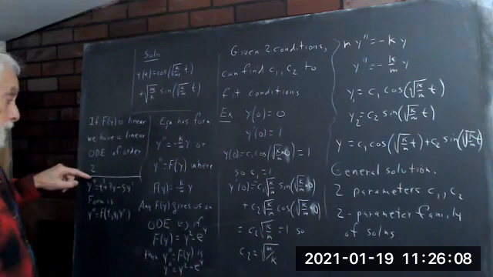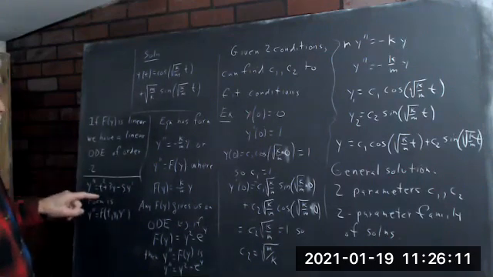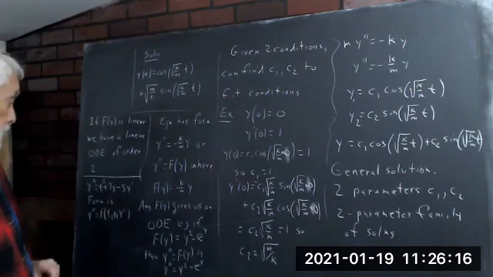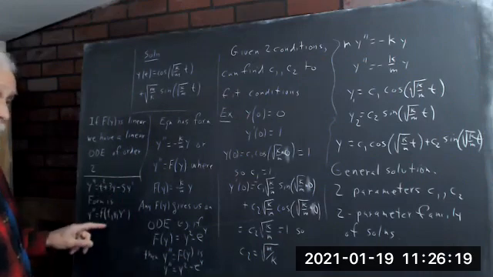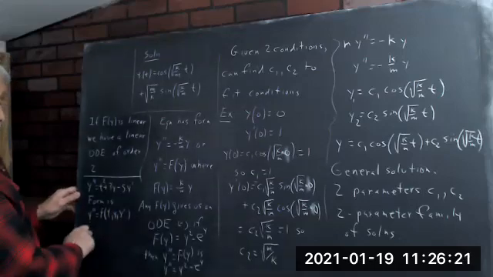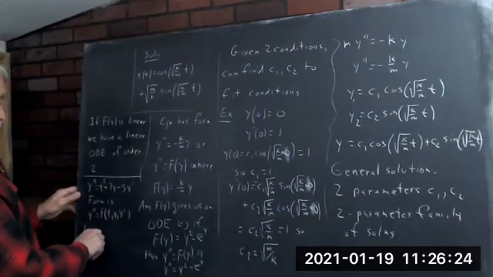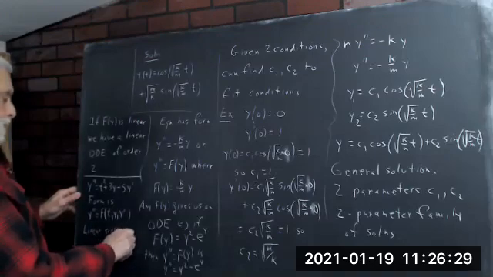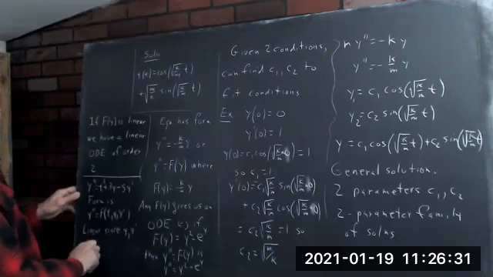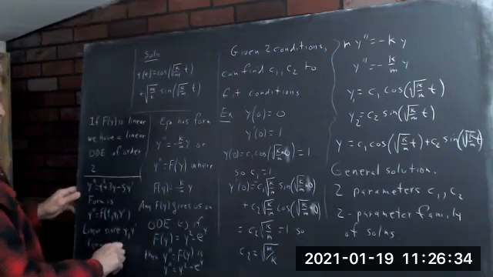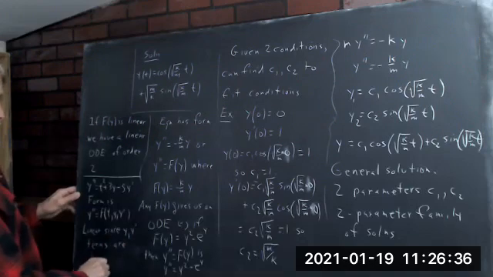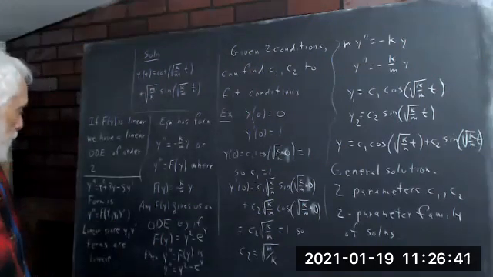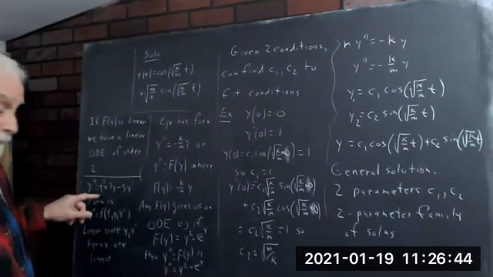Your highest order term is equal to this function. This is a function of t, y, and y prime. This equation is linear, since the y and y prime terms are linear. It doesn't matter that t is not linear.